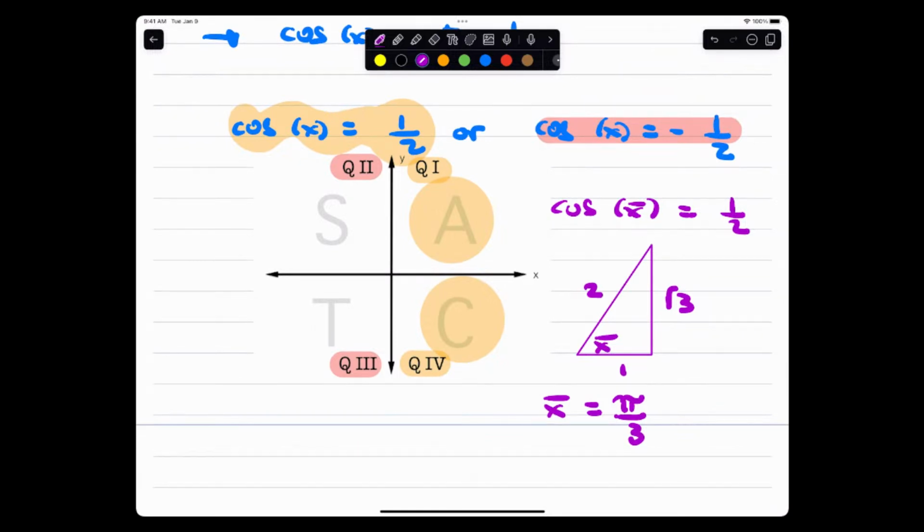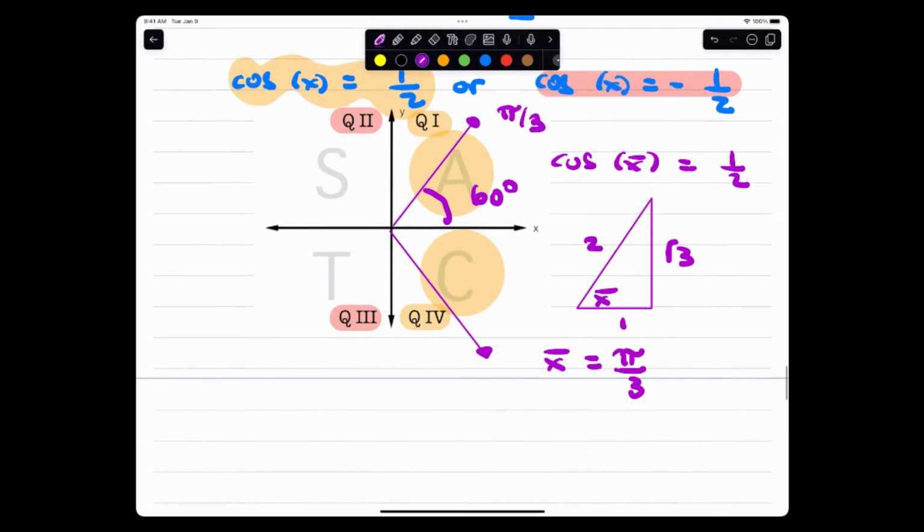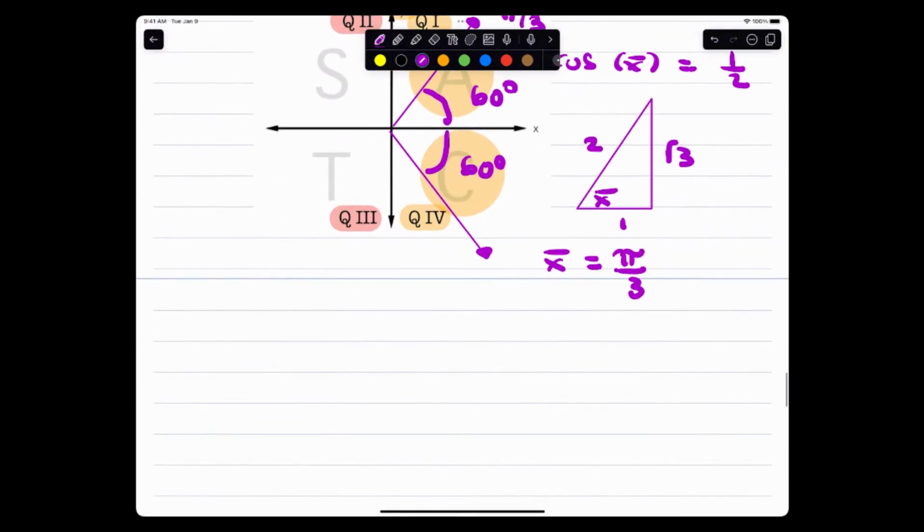I'm not awake, but I think that's okay. That's your pi over 3. This is 60 what? Degrees. Okay. So the quadrant 4 angle, that's the reference angle, 60 degrees, right?